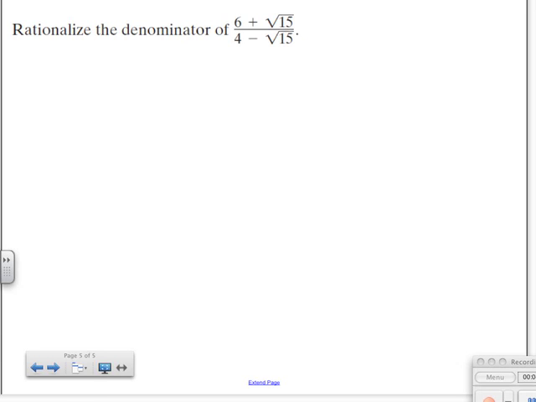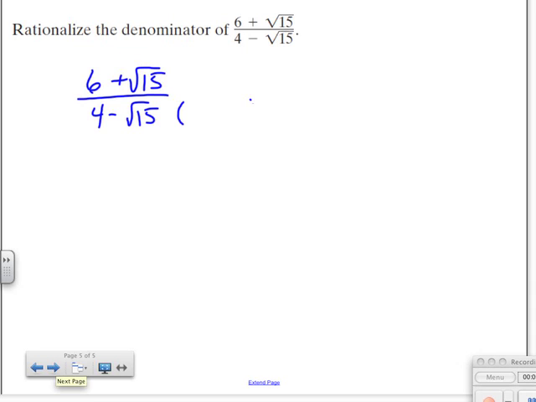Now rationalizing the denominator of something that has this radical expression gets to be a little tricky. So we're going to start with the original expression. And anytime you have something that is added or subtracted, you have to look at using the conjugate.